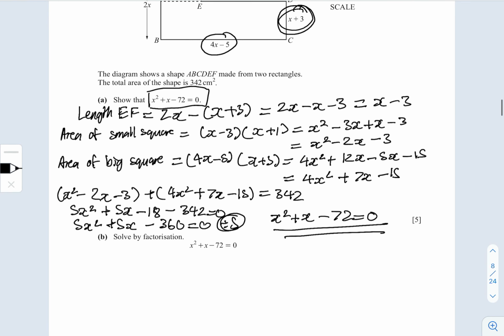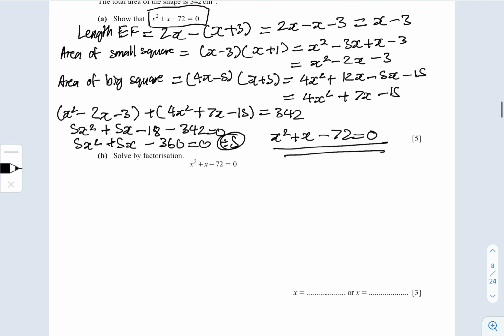So now that we have the information, the next question asks us to solve by factorization of this formula. So we have x squared plus x minus 72 equals 0. We split them into two brackets. You have x, you have x. What multiplies by what gives you 72? 9 multiplied by 8 gives you 72.